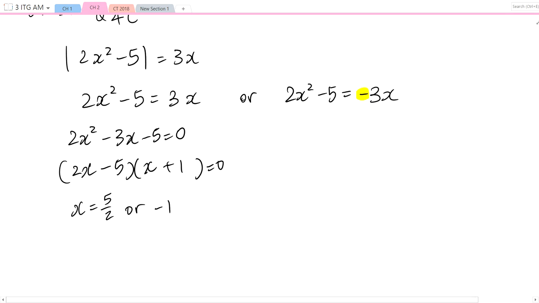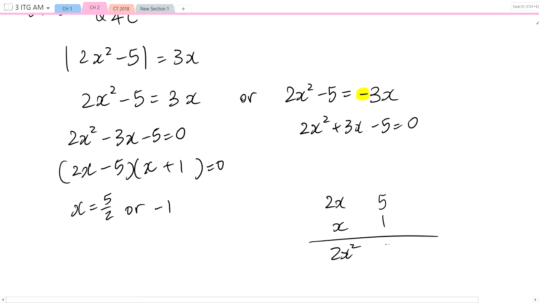In the second case, we have 2x squared plus 3x minus 5 equals 0. Note that these two equations are different. They look very similar, but they are different. Okay, and solving this, 2x and x, again 5 and 1, 2x squared with a 5, 2x, 5x, I want a 3x.